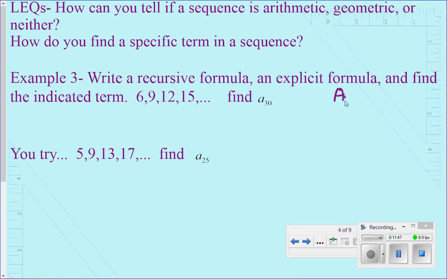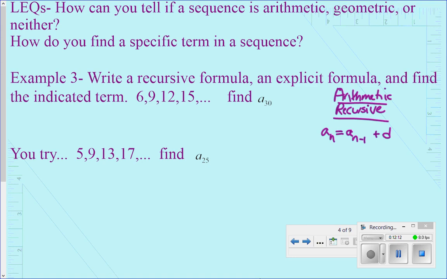The arithmetic recursive formula is a sub n is equal to a sub n minus 1 plus d. Now, don't let that formula confuse you.